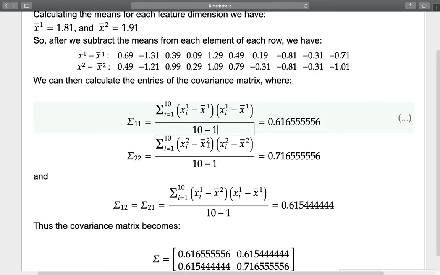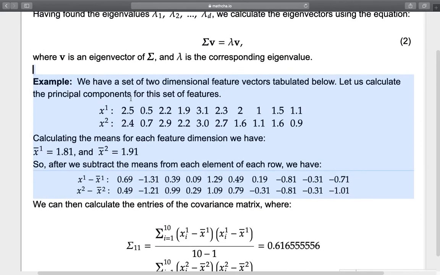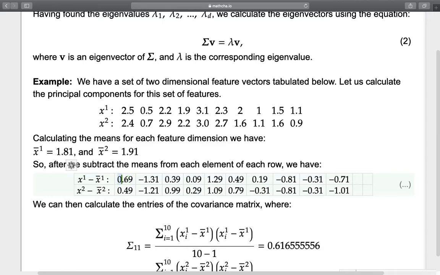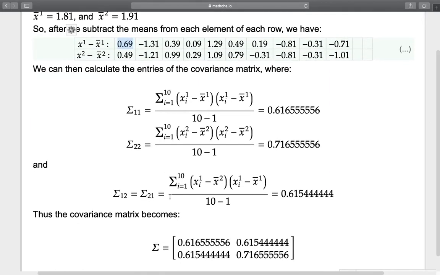And similarly, we calculate sigma 2,2, and then we calculate sigma 1,2, that's equal to sigma 2,1, but instead of taking the squares of these entries, we multiply this by this and sum them up and find the entries of the covariance matrix.